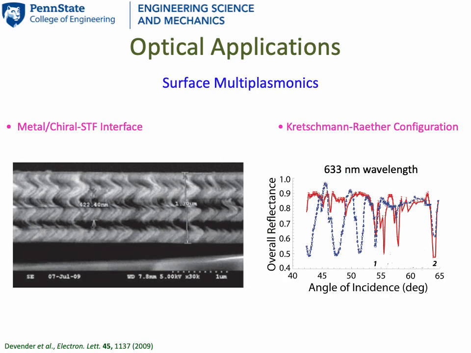Next, suppose we have a chiral sculpture thin film grown on top of a metal film. The interface can guide more than one surface wave. These surface waves are called surface plasmon polariton waves. And when it guides more than one surface plasmon polariton wave, they all have different characteristics, even though the frequency is fixed.